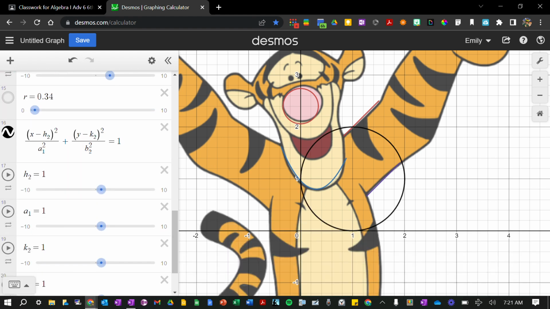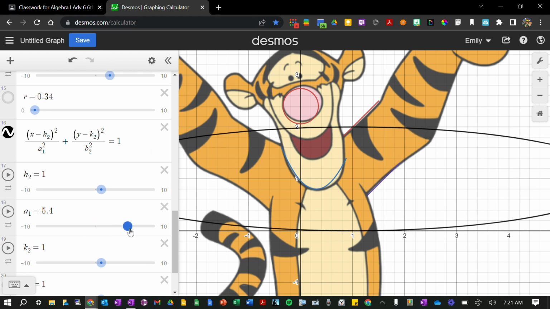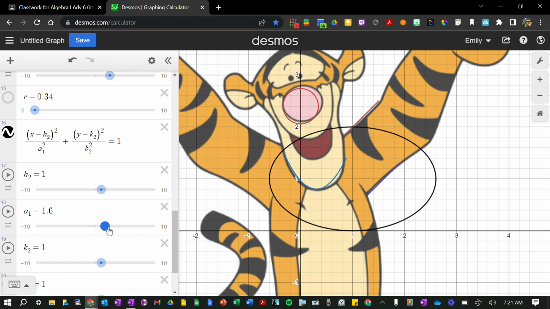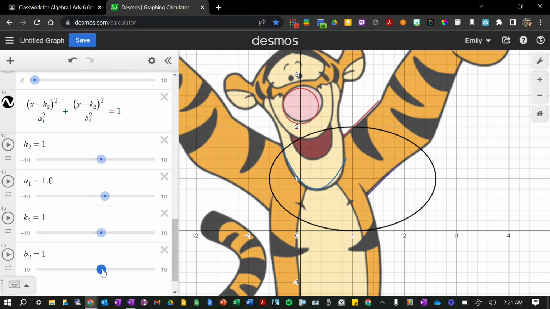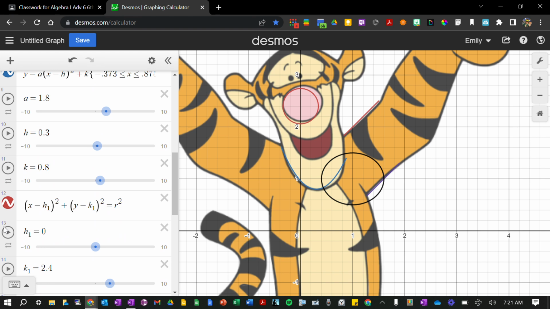So this is an ellipse. A circle is an ellipse just with a radius of 1, but if I make this different, then you can see that, like, if I adjust a but I don't adjust b, then I'm going to get really big side to side. So I'm going to make that a little bit smaller that way as well, making it smaller and smaller until it fits what I want. I'm going to go ahead and hide my red one just by clicking on that red circle right here.